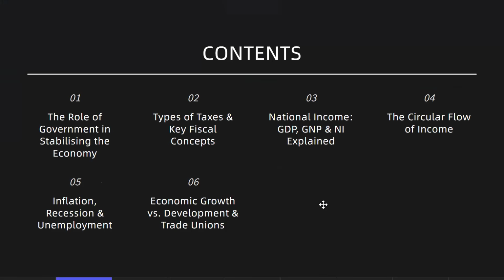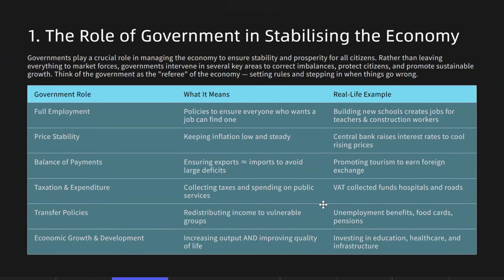We're going to look at national income, GDP, GNP, and so forth. The circular flow of income, inflation, recession, and unemployment, and the difference between economic growth and economic development. I should be sending y'all this.